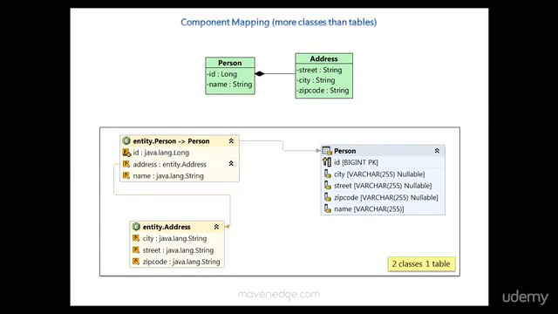So when you have components in your object model, like the address here being a component of a person, you'll have more classes than the number of corresponding database tables to store data for them. Just like the example here, where we have two classes, person and address, but only one table to store data for them. So we are mapping two classes to one table.